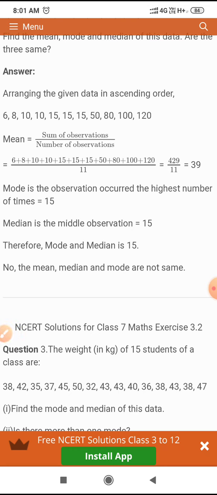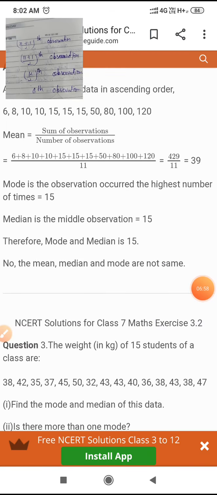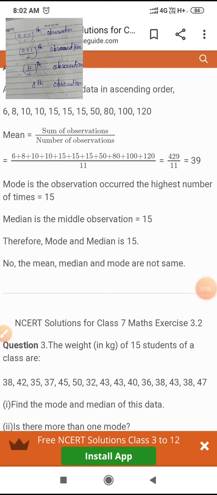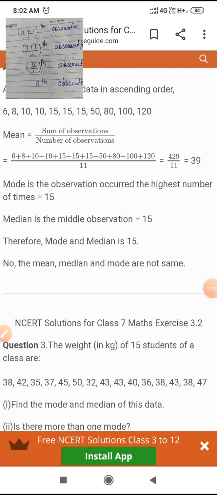From your data you can conclude that 15 occurs 3 times. So 15 is the mode of this data. You also find the median here. For the median we apply the formula (n plus 1) upon 2 observation, and after applying the formula you find that the median is the 6th observation.